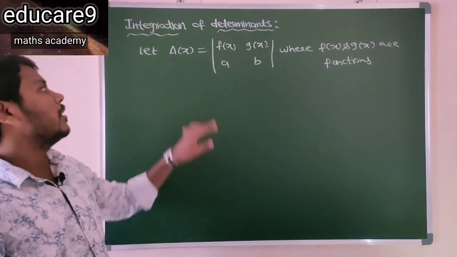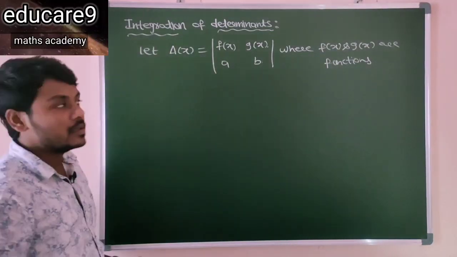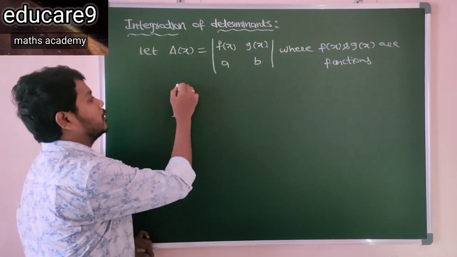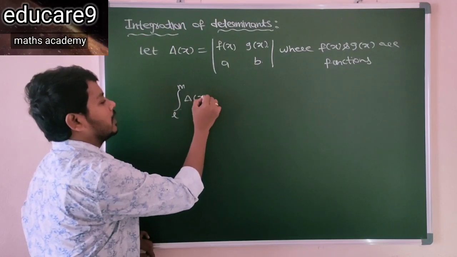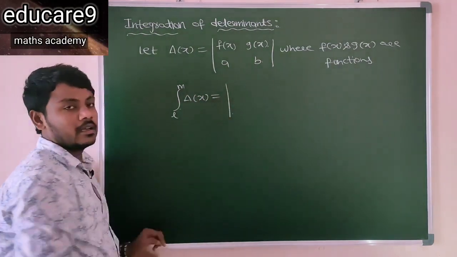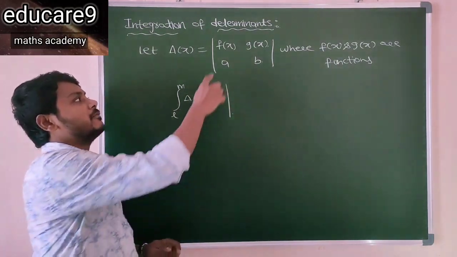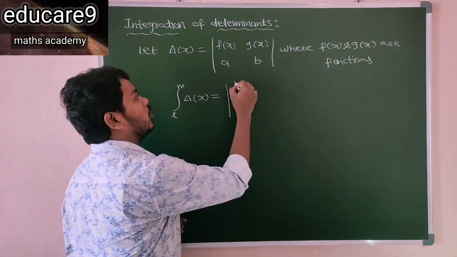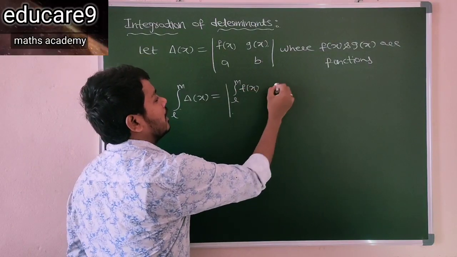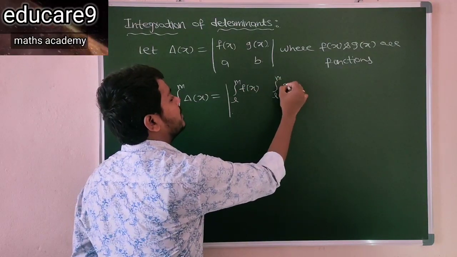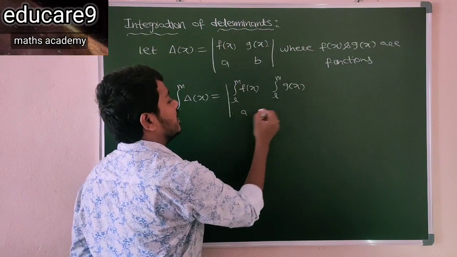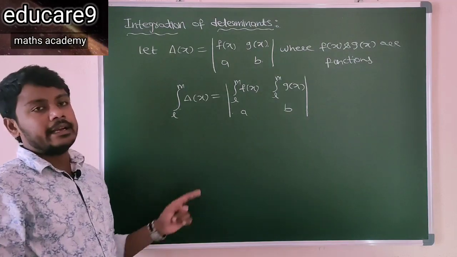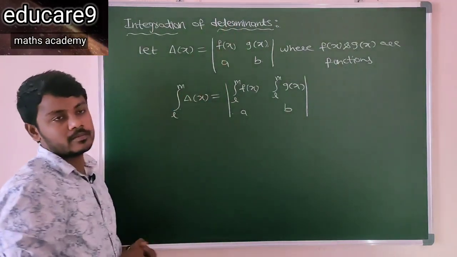Now the integration of the determinant, that is, integration from L to m of delta of x is the integration of the functions, that is integration from L to m of f of x and integration from L to m of g of x. Here a and b are constants, so write them as they are. So this is the integration of the determinants.